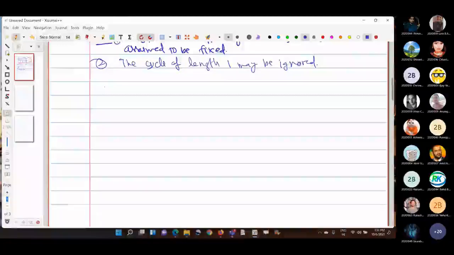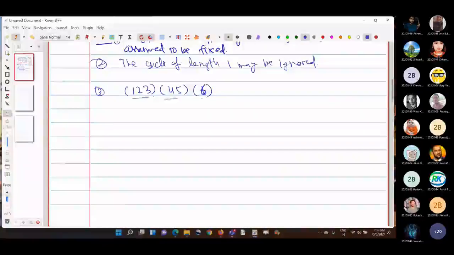Example number 3. Suppose we are writing (1 2 3), and in another we are writing (4 5), and then in another we are writing (6) only. There is nothing common between them, but this 6 is a single-element cycle.